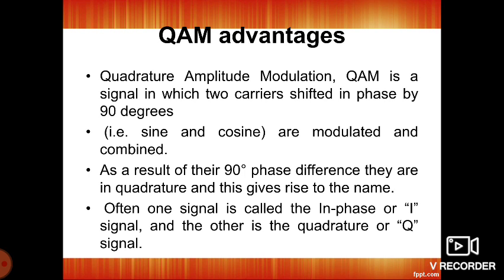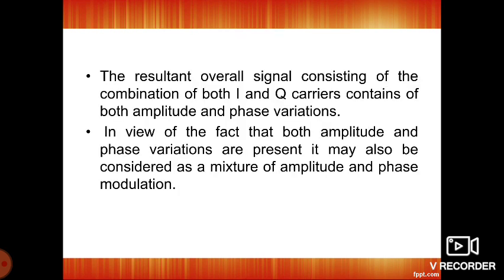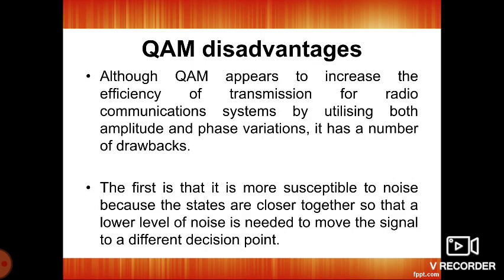Often one signal is called the in-phase I and the other is called the quadrature Q. So the resultant overall signal, consisting of the combination of both I and Q, contains both amplitude and phase variations. In view of the fact that both amplitude and phase variations are present, it may also be considered as a mixture of amplitude and phase modulations.